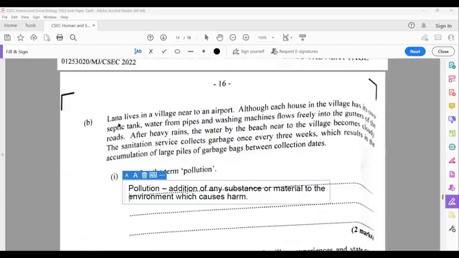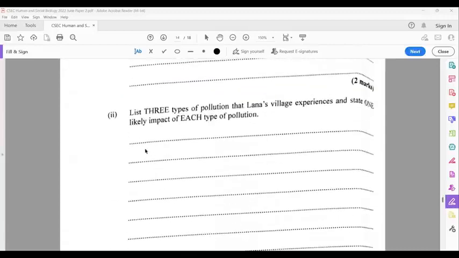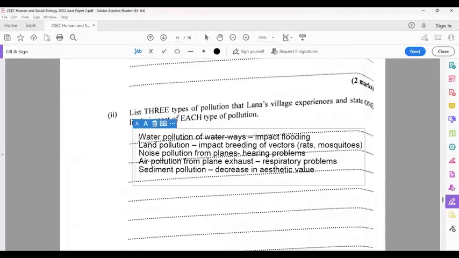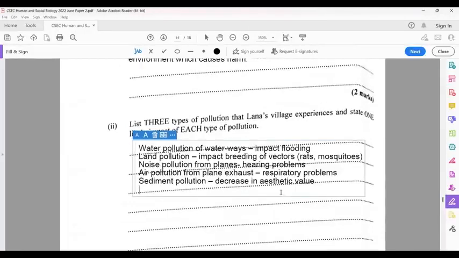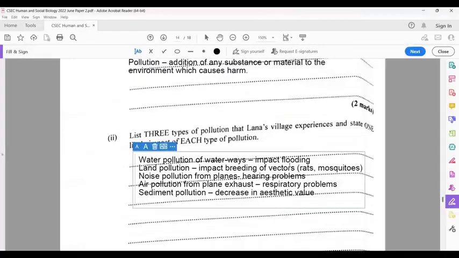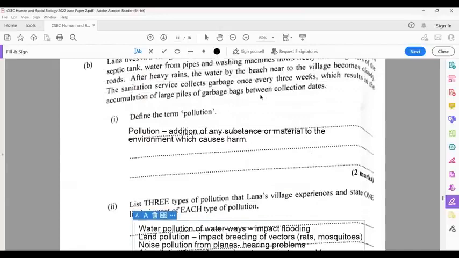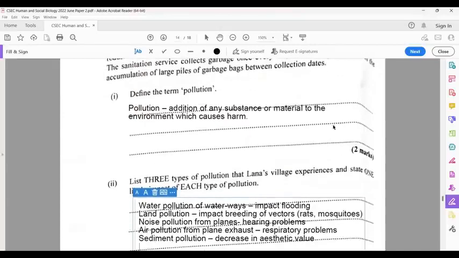And when you're reading the passage, just underline the different things that can cause pollution. So we have identified them for you. Water pollution, we know the waterways lead to flooding when they become clogged. Land pollution, the impact of breeding vectors like rats, mosquitoes, because they said that the garbage piles up between collection dates.